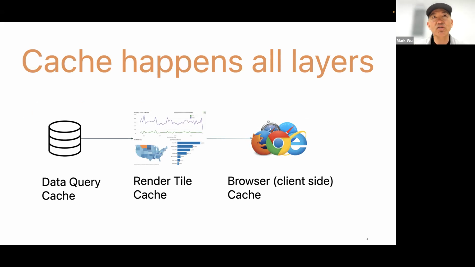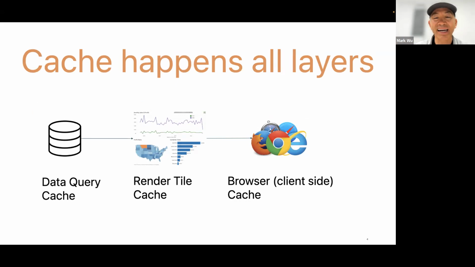And cache happens at all levels. At the data source query level, no matter whether it's a live connection data source or an extract data source. Also the render tile cache, that is image, especially for the fixed size image. And also, of course, at the browser level, no matter which browser.